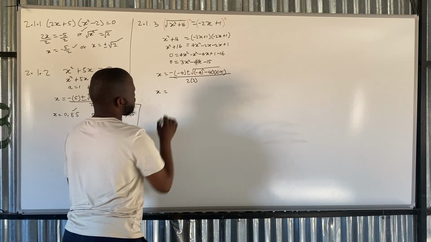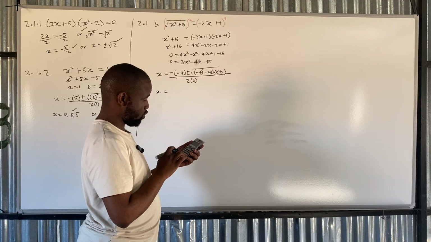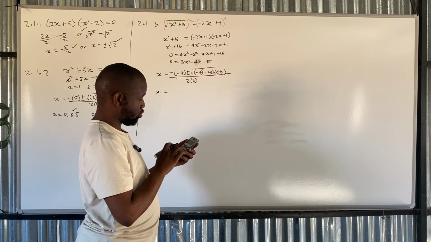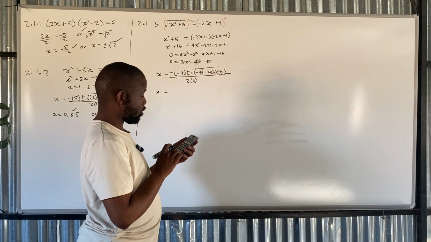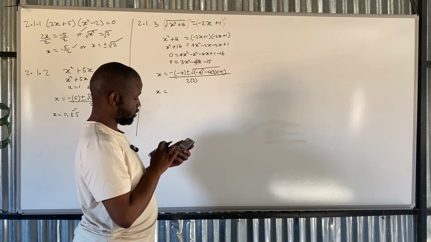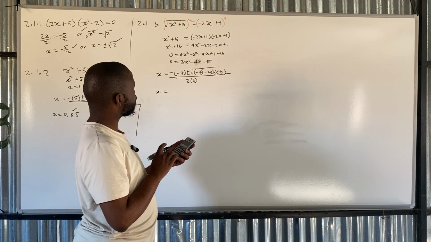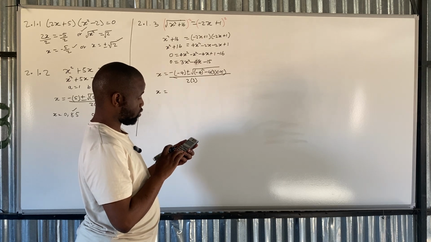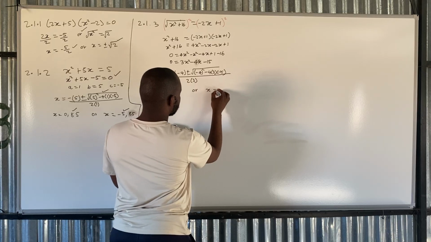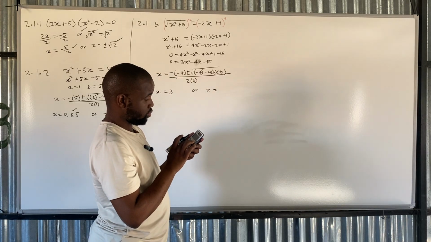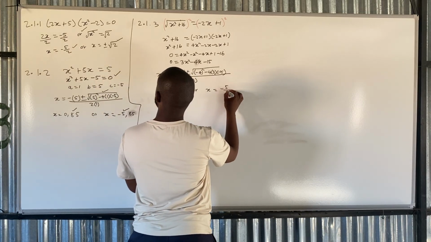Then x is equal to negative into negative 4 plus or minus the square root of negative 4 squared minus 4 into a, which is 3, c, which is negative 15, all over 2 into 3. Then my first x is 3, or my another x value is going to be negative 5 over 3.